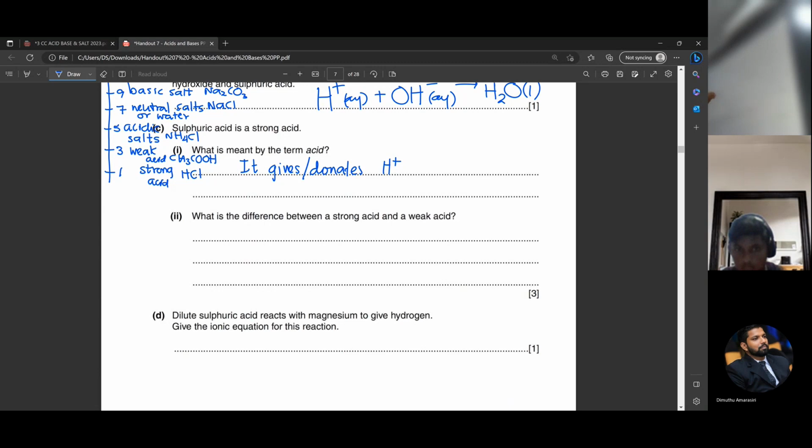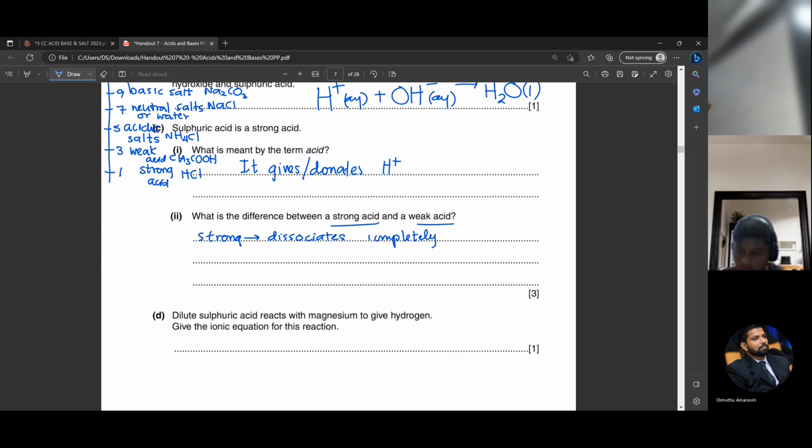What is the difference between strong acid and weak acid? Strong acid dissociates completely. What Sudhan just said, and more elaborated: dissociates completely.